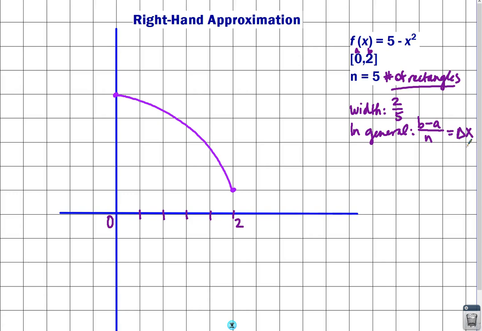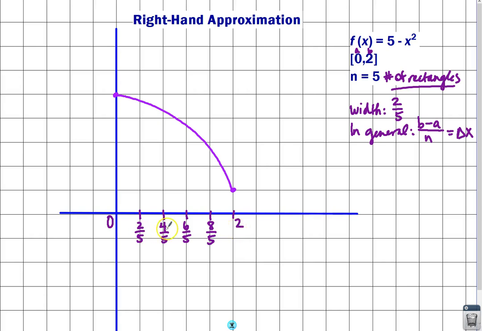Okay, another thing we could call that is delta x. Ooh, or the change in x. And let me show you why we call it that, okay? So if I'm starting at 0, and I know the width of each rectangle is 2 fifths, the change in my x values from this x value here to this one is 2 fifths. It's going to be that delta x, okay? So from here to here is 2 fifths. So that means this next point is going to be at 4 fifths, 6 over 5, 8 over 5, and then I'd be at 10 over 5, which is the same thing as 2.